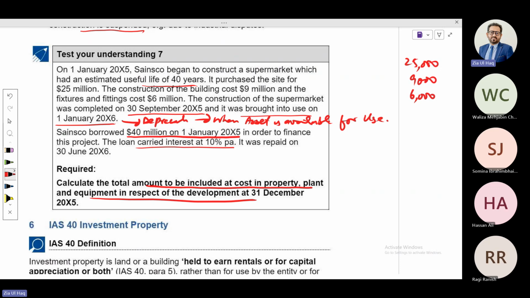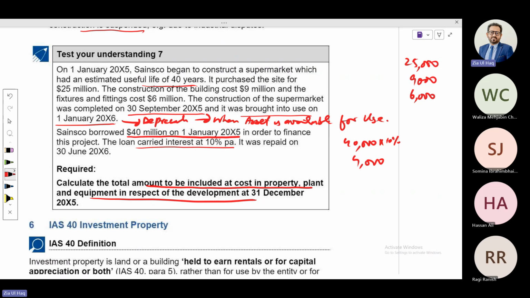But we need to see how much borrowing cost should be capitalized. So it was a 40 million amount and the interest rate is 10%. This means 4 million is the annual interest. How much should be capitalized out of this 4 million?